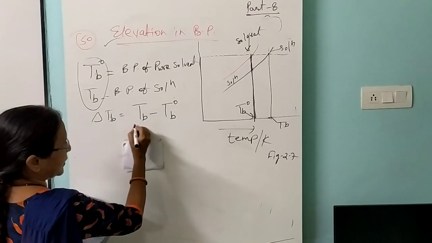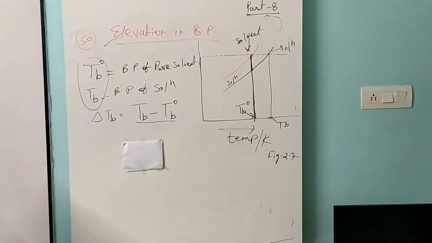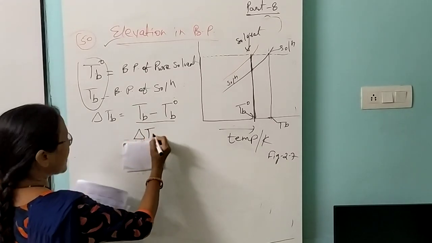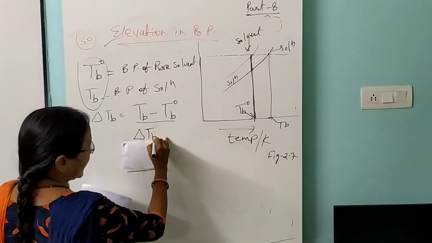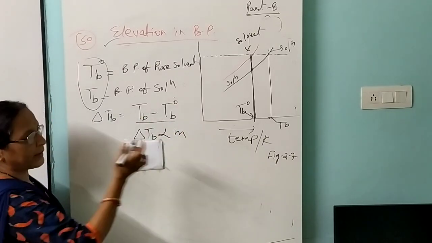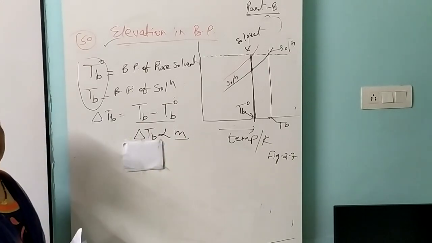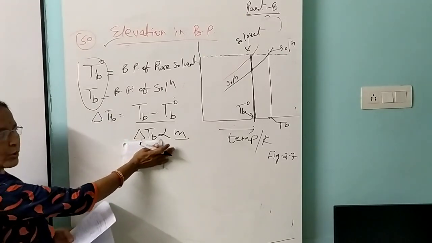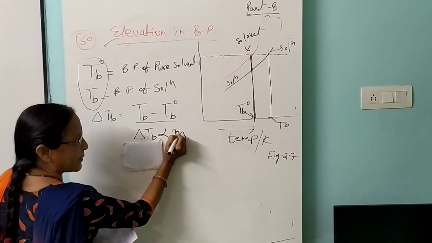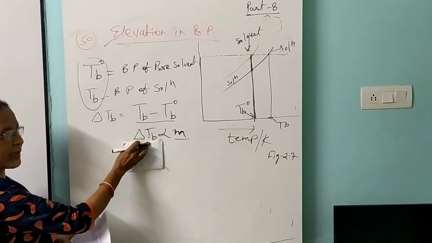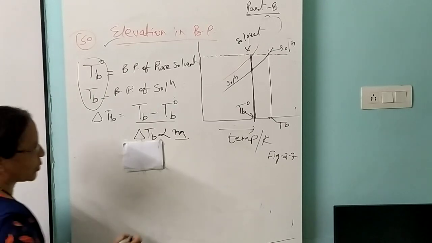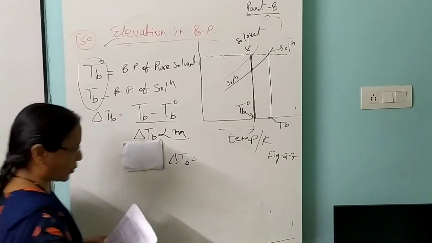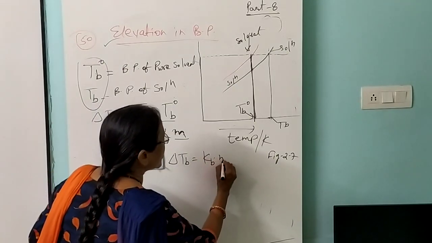Now this delta T_B is related to our concentration, or molality. Delta T_B is directly proportional to m, where m is the molality. For a very dilute solution, delta T_B is directly proportional to m, with small m, students. Removing the proportionality constant, delta T_B is equal to K_B into m.